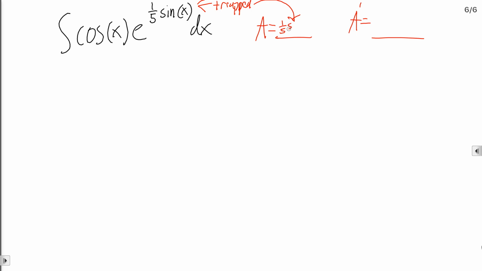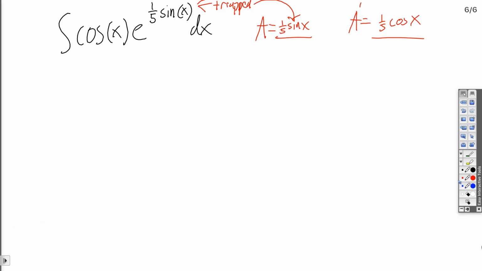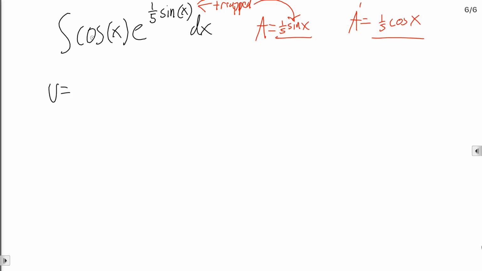So 1/5 sine x, the derivative of that would be 1/5 cosine x, which is a multiple of cosine x. So like we said, we had choices. The better choice for u is the sine because it's trapped. It's buried inside the expression. Whatever's more free-floating, you do not make the u.